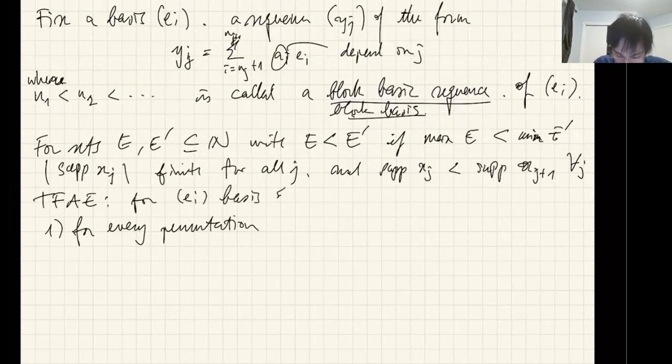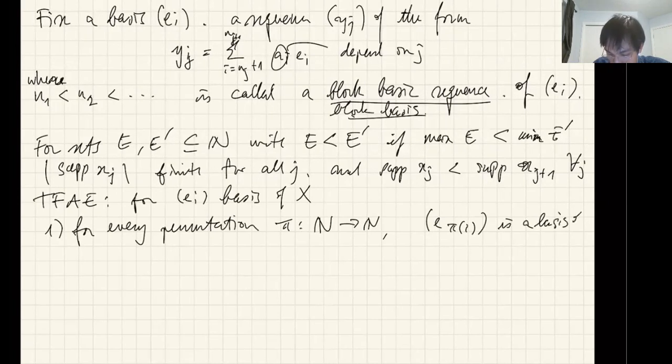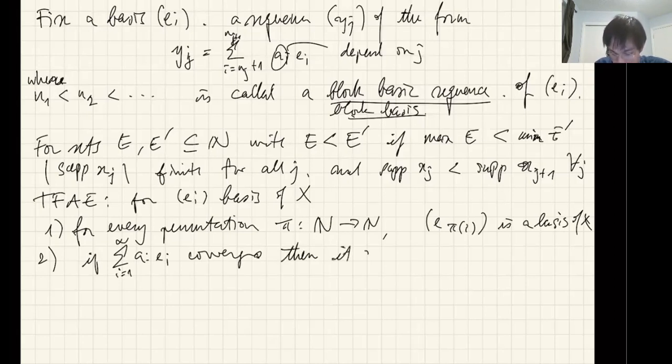One, for every permutation pi of the natural numbers, E pi(i) is a basis of X. Okay, that's one condition. Two, if the sum of AI EI, i equals 1 to infinity, converges for some AI, then it does so under any permutation.